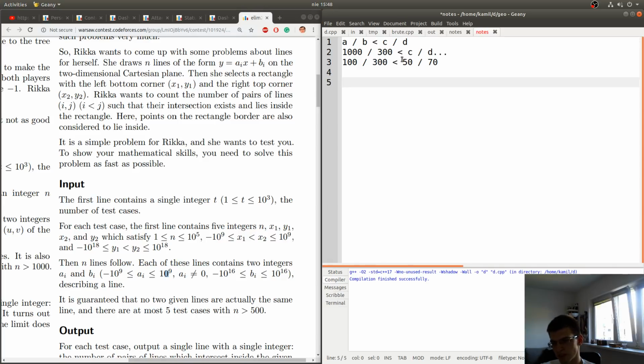Okay, so let's say that we want to implement our own type, a very simple type.